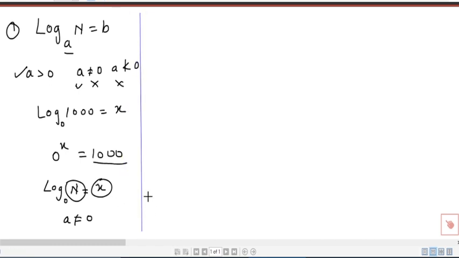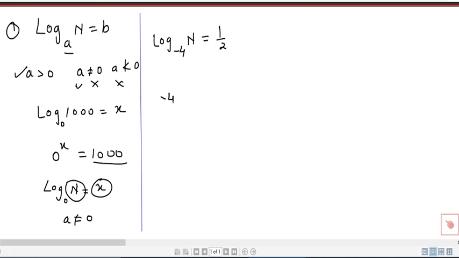Okay, the second point: now that we have talked about a, let's talk about n. First let's see one more thing, why a cannot be negative. I'm taking an example: log base negative 4 of some number n is equal to, suppose I write 1 by 2 here. So what does it mean?